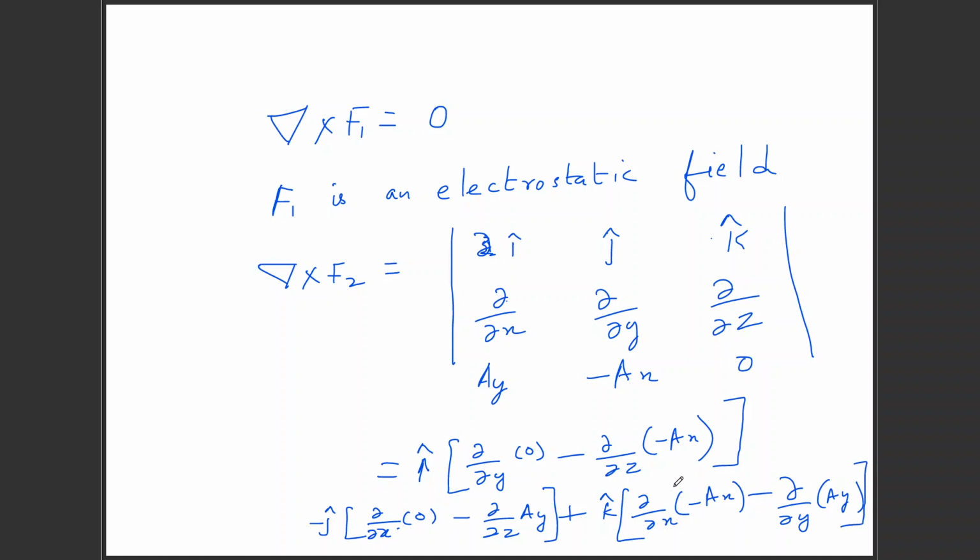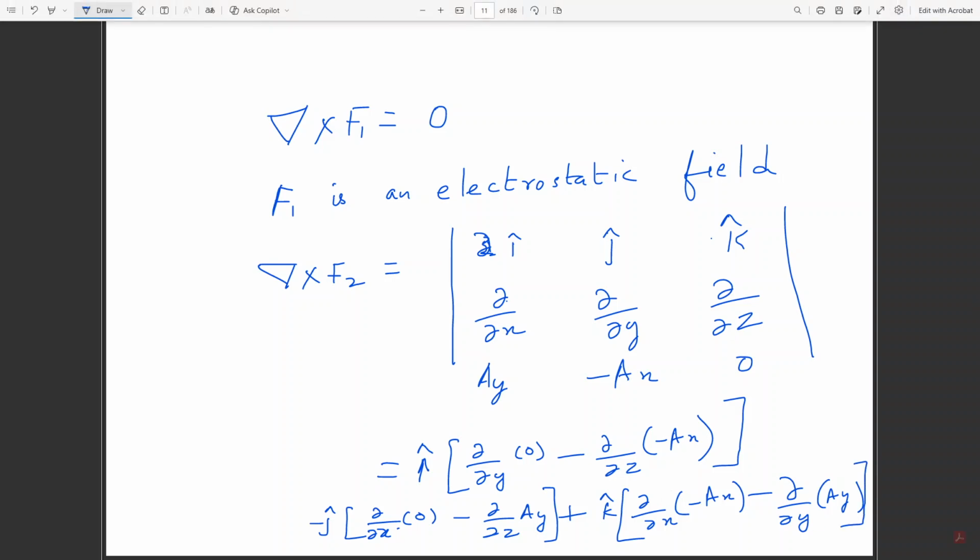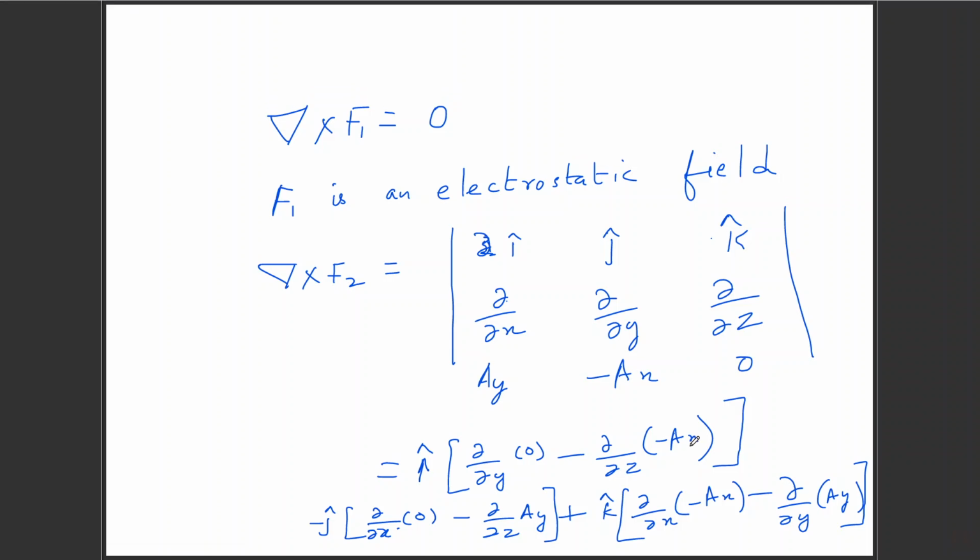Again, if you see here, the i component has dou by dou z of minus ax, that is 0 because this is not a function of z. And dou by dou z of ay is again 0 because it's not a function of z. Only the k component is there. Dou by dou x of minus ax is minus a. Dou by dou y of ay is a.